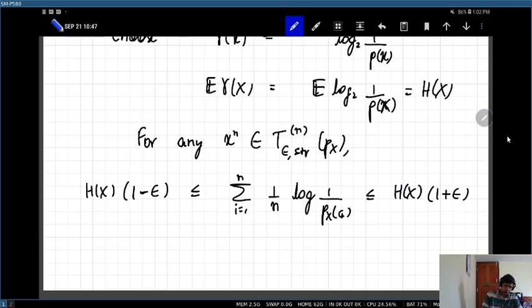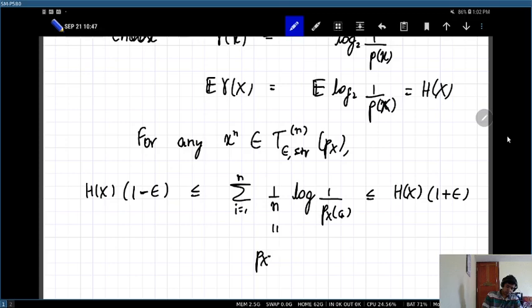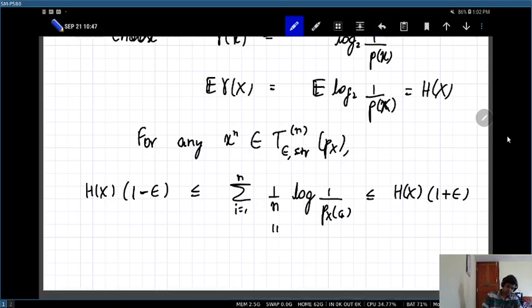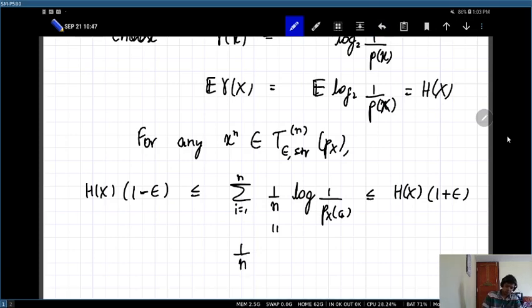Or another way to put this is, let me rewrite this. So what is this equal to? This is also equal to 1 over n times the log of 1 over the product i going from 1 through n of px of xi.